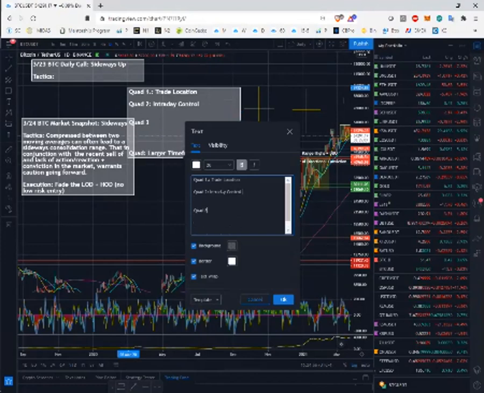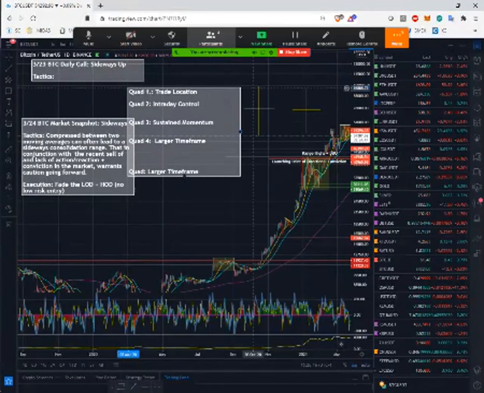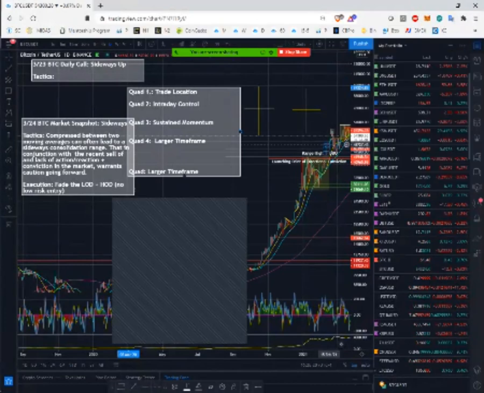Quad 3, let's just call it sustained momentum. Quad 4, the most important, larger time frame, guys. The larger time frame is the dominant one you should all be caring about, because you are all holders, including me. But if you want to talk about income producing trades, we can talk.